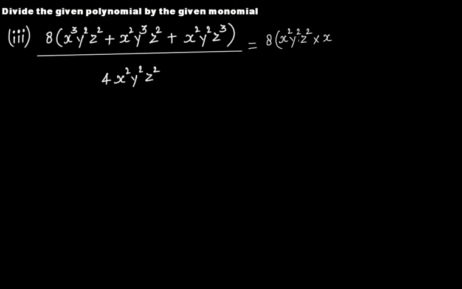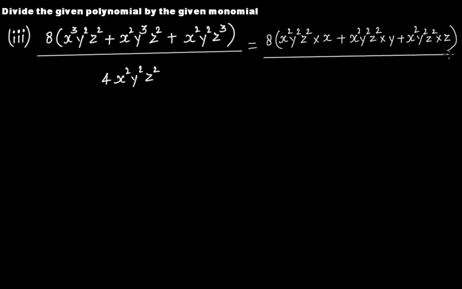Plus, in the same way, you can write the next as x squared y squared z squared multiplied by y, because y cubed is y squared multiplied by y. In the same way, this gives x squared y squared z squared multiplied by z, because z cubed is z squared multiplied by z.